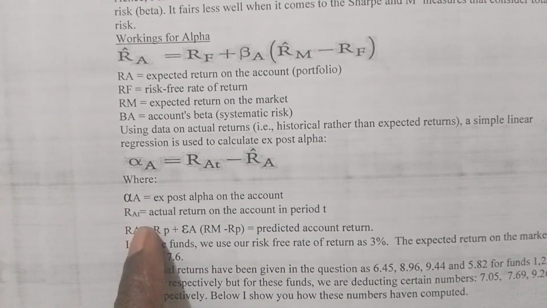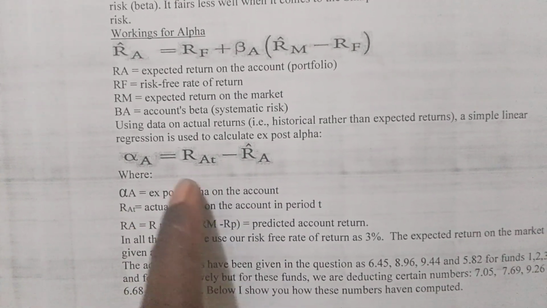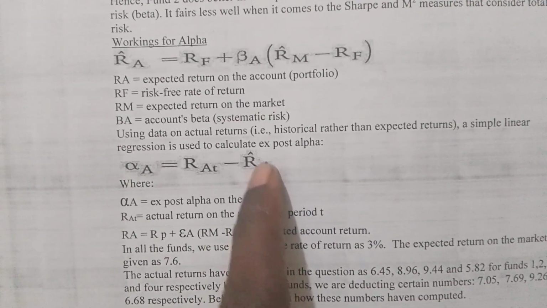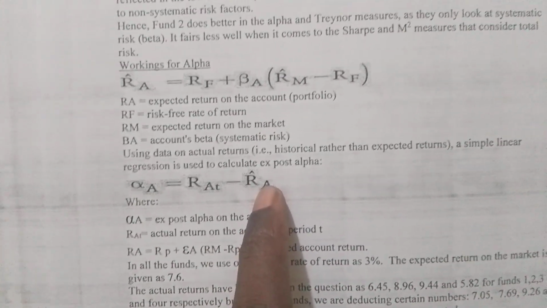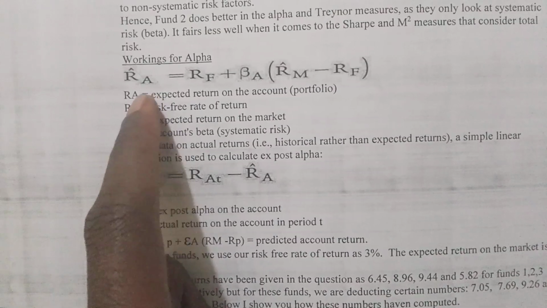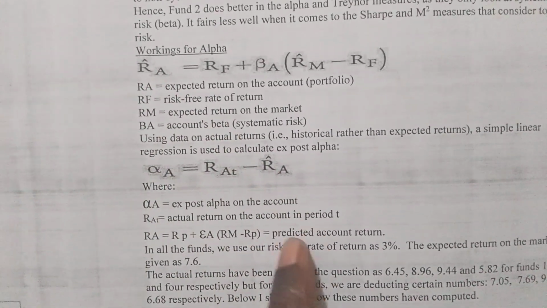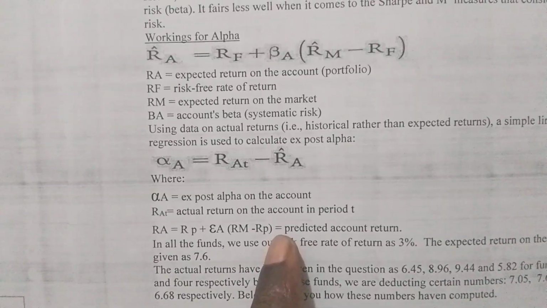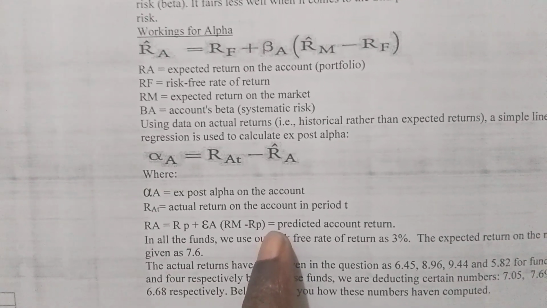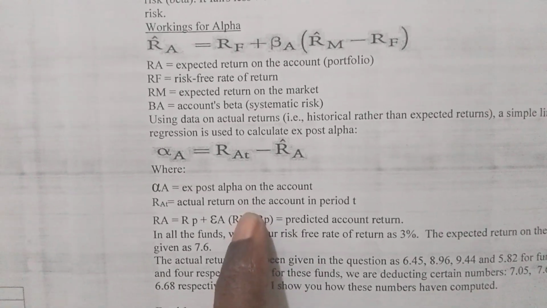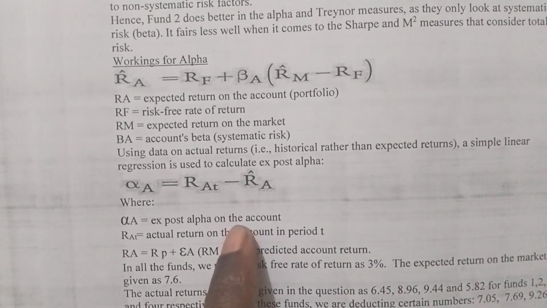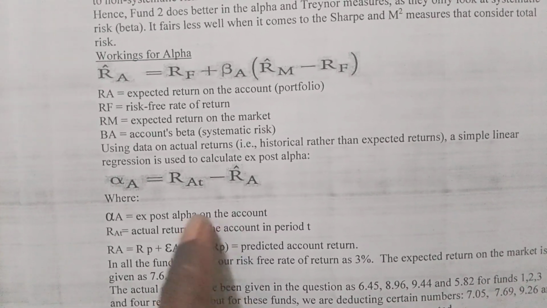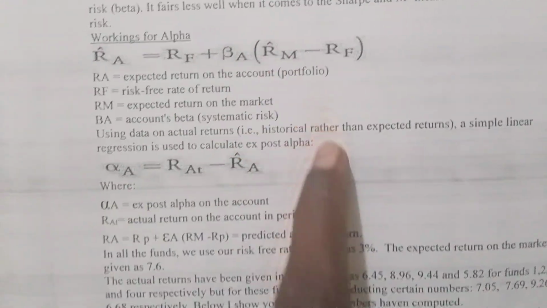So to calculate the ex post alpha, this is the formula, but calculating this portion here is a little bit tedious, because by the end of the day, we will need to take the expected return, which has been given, and then you less the expected return of the portfolio, which is calculated that way.